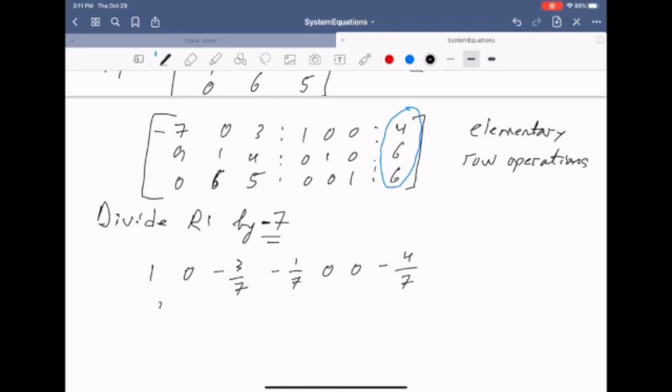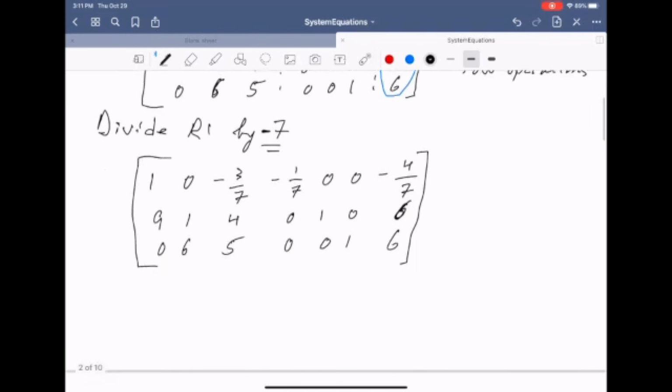All right, and the other ones are the same as before. And, whoops, that's a 6. And the other one is 0, 6, 5, 0, 0, 1, and also 6. All right, so this is the first step.